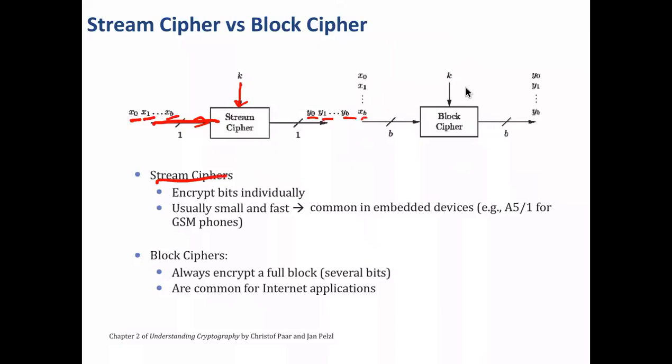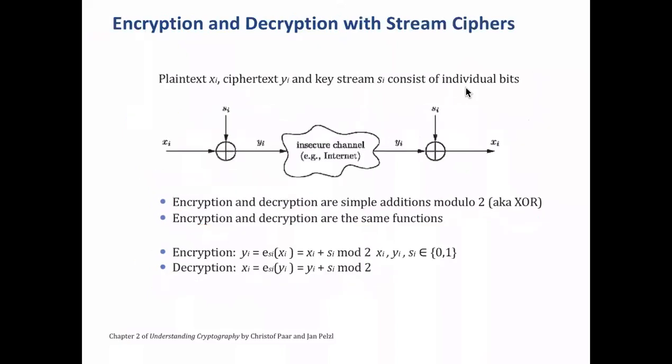Stream ciphers encrypt each bit individually, and are usually small and fast. They are common in embedded devices, like mobile devices, which mostly use the A5/1 encryption algorithm for encryption.